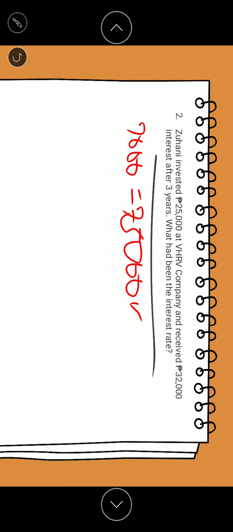Para rin ang matira na lang is yung R or the interest rate. That would lead us to get the final answer. So, divide both sides by 75,000. We put 75,000 here and also here.